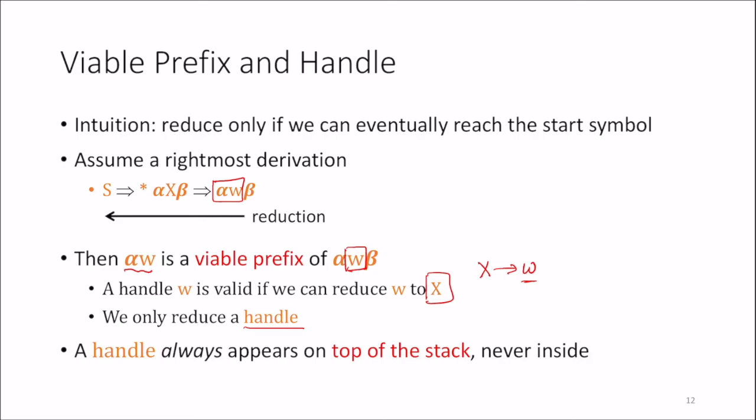But before we can look at the algorithm in detail, we need to first be familiar with this notation and how we talk about these derivations in a formal or mathematical sense so that we can reason about the algorithms. The handle always appears on top of the stack, right? It's never the case that we are reducing anything other than the symbols that appear on top of the stack. So that's an important constraint.